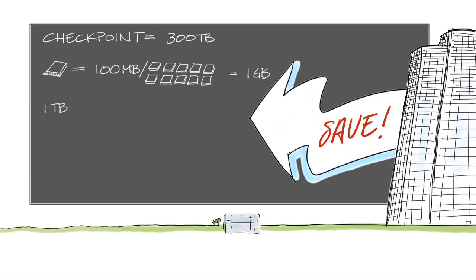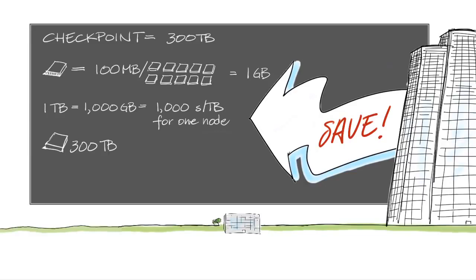Since 1 terabyte has 1,000 gigabytes, a single storage node will need 1,000 seconds per terabyte. In order to save 300 terabytes through a single storage node, that will take 300 times 1,000 seconds, which is equal to 300,000 seconds to save the 300 terabytes.